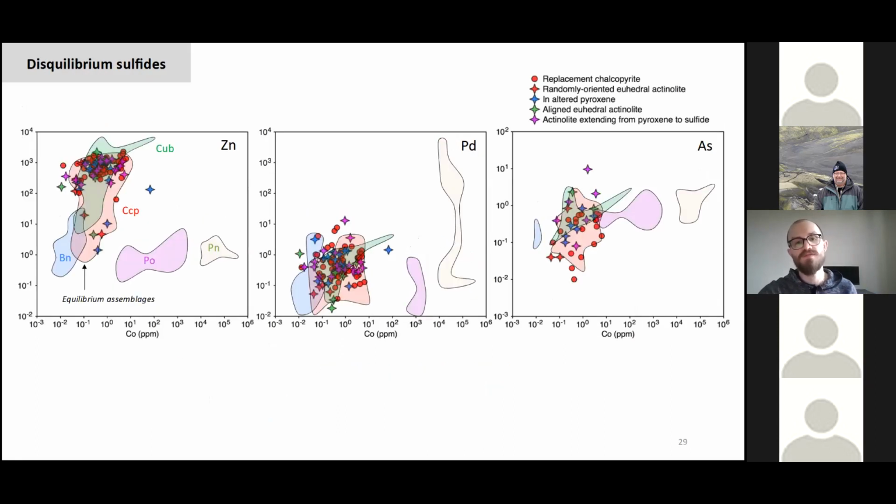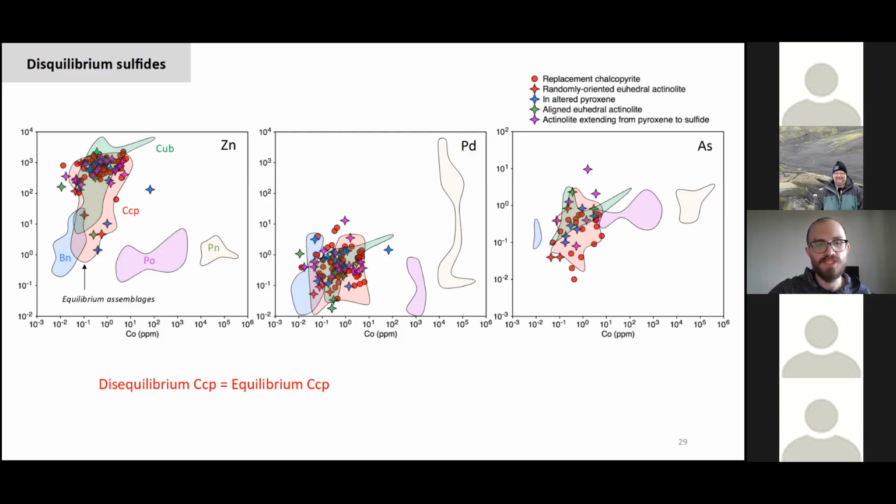Here we have the same diagrams as before, except the data points now represent the compositions of the non-equilibrium chalcopyrite. If these non-equilibrium chalcopyrite precipitated from a hydrothermal fluid, then their metal contents do not necessarily reflect the partitioning of metals between MSS and ISS, because they did not crystallize directly from a sulfide liquid.